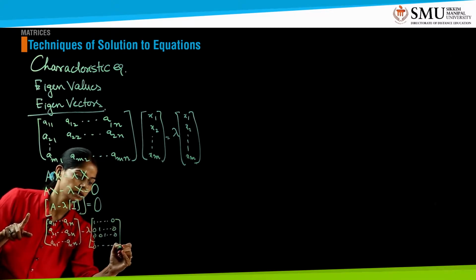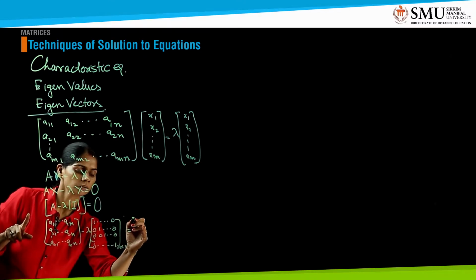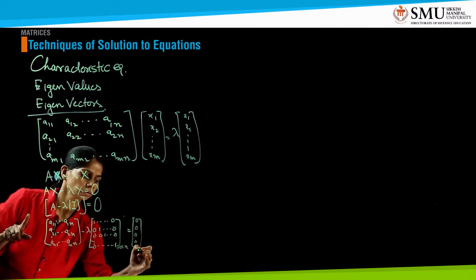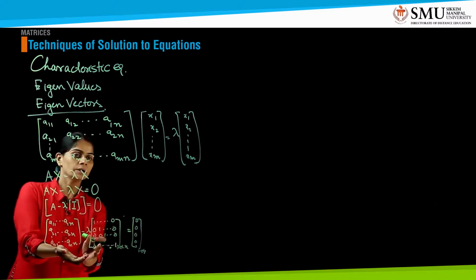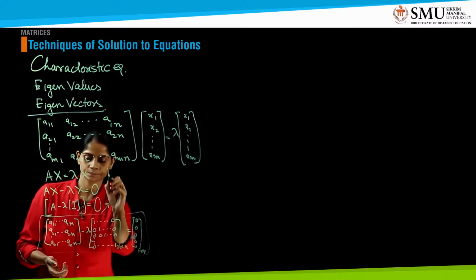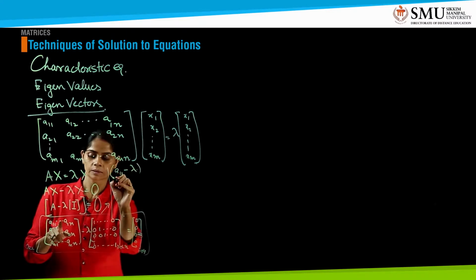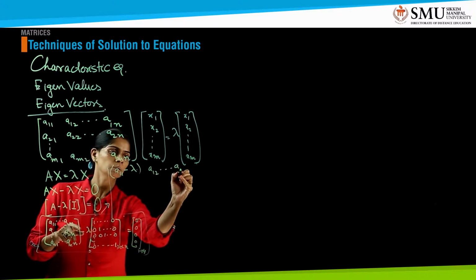So this is also an identity matrix. This is equal to the 0 matrix of order m cross 1. Okay, fine. So if you take this expression, it will take the form a11 minus lambda, and the rest will be a12, so on up to a1n.